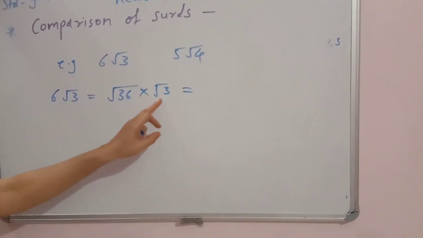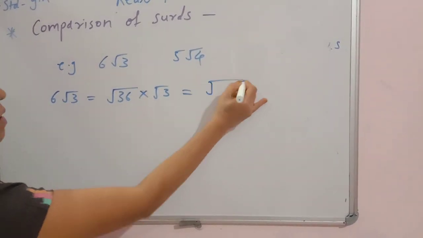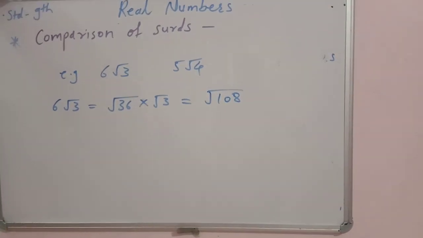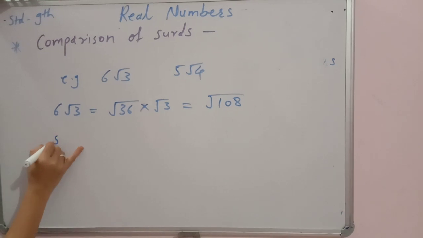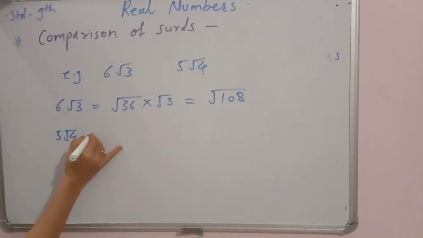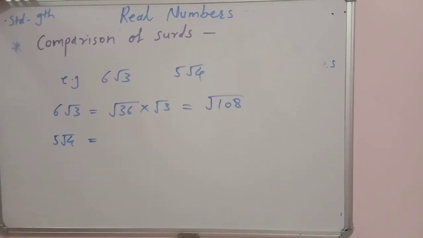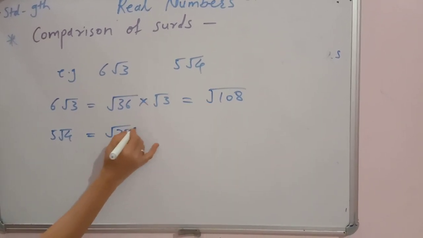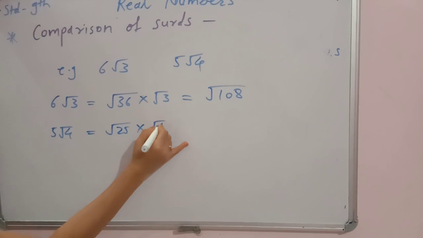It is 3 6 18, 1 remaining, 3 3 is 9 plus 1, it is 108. And 5 root 4 is written as root 25 multiplied by root 4.